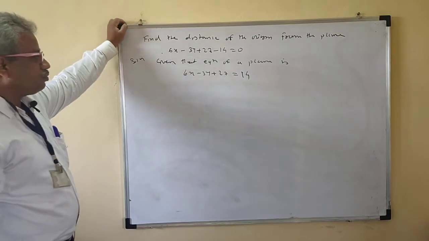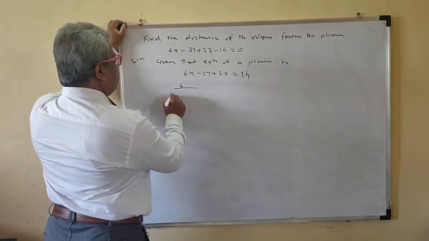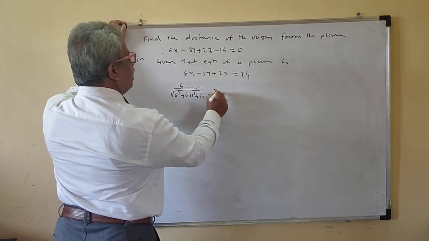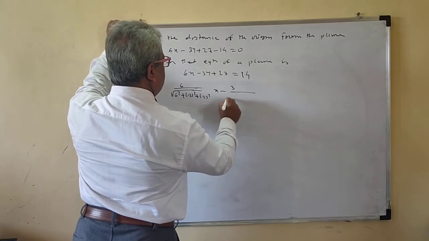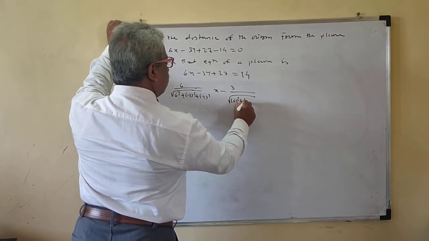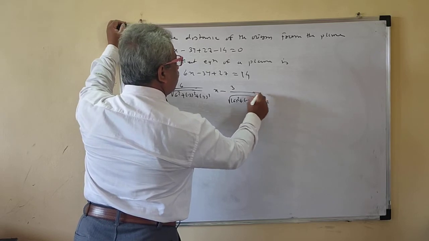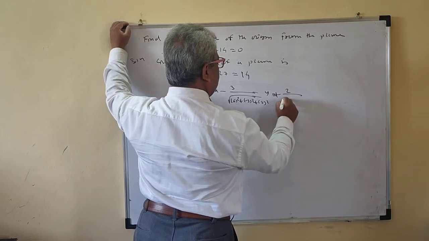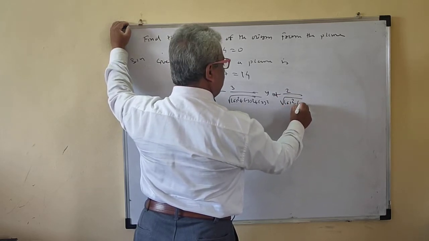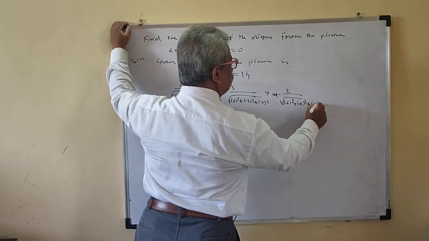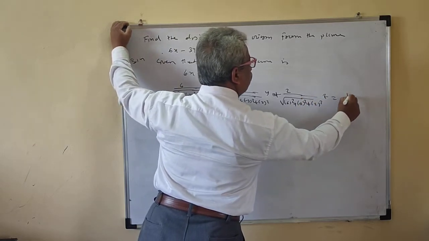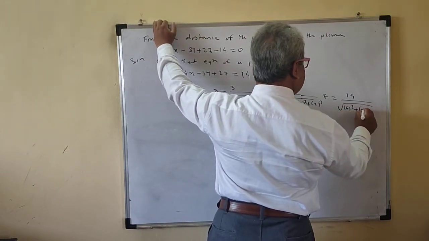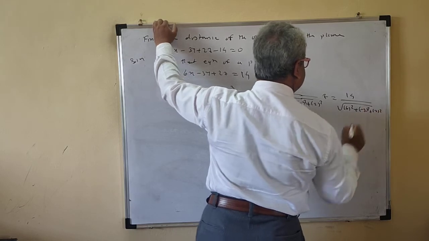You have to divide by root of 6 square plus minus 3 square plus 2 square. We will convert this into the normal form: 6 upon root of 6 square plus minus 3 square plus 2 square x, minus 3 upon the same root y, plus 2 upon the same root z is equal to 14 upon root of 6 square plus minus 3 square plus 2 square.